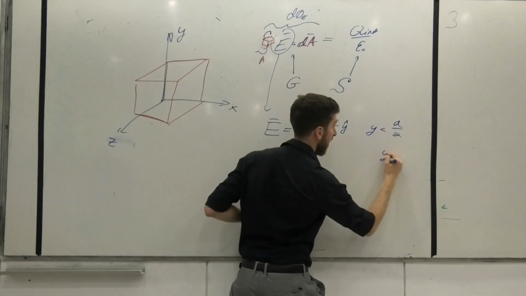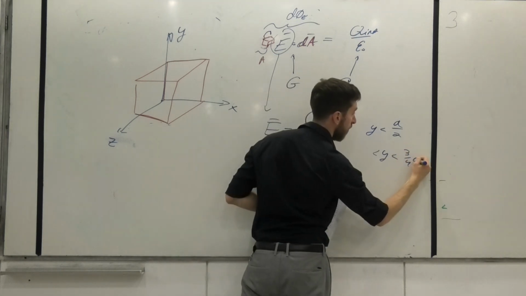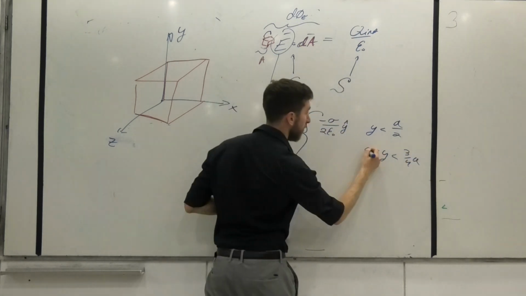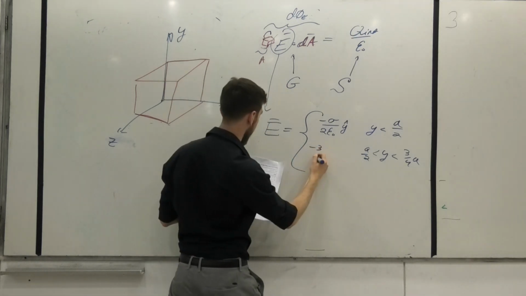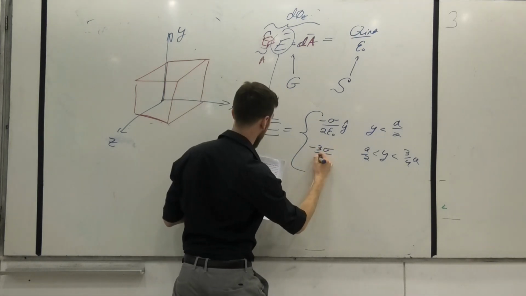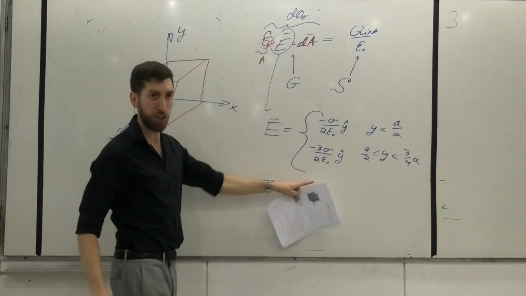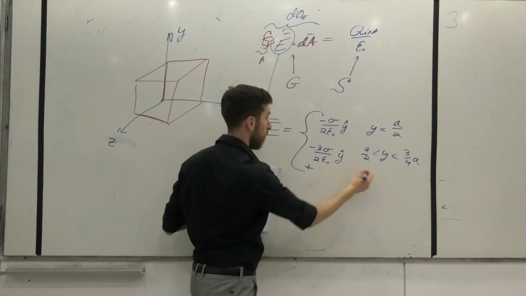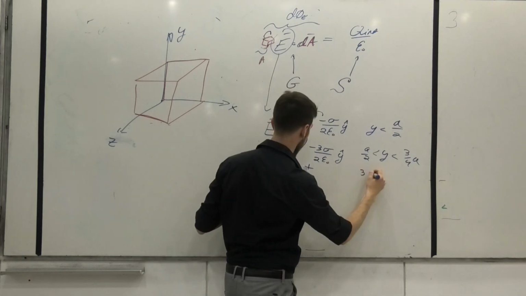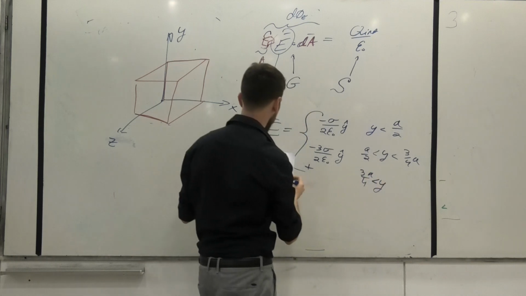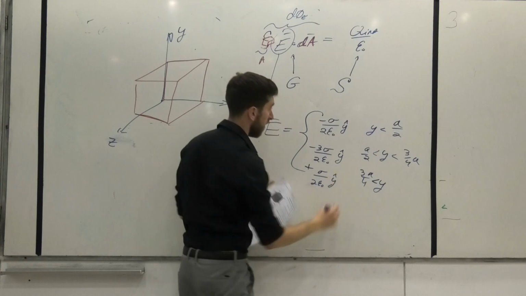And when y is between a over 2 and 3a over 4, its value is actually minus 3 sigma over 2 epsilon naught in the y direction. And when y is bigger than 3a over 4, its magnitude is sigma over 2 epsilon naught.